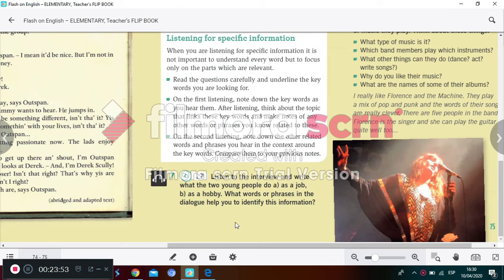Listen again. You need to write the actions, the activities, the studies that they do as a job and the activity that they do as a hobby in their free time, okay? So, let's listen to the audio.